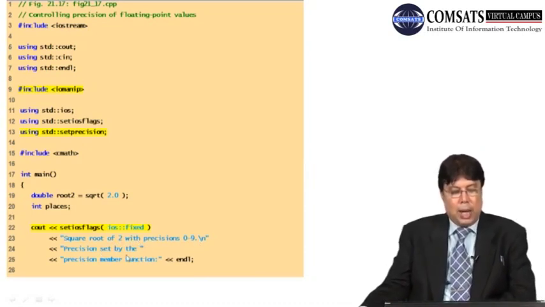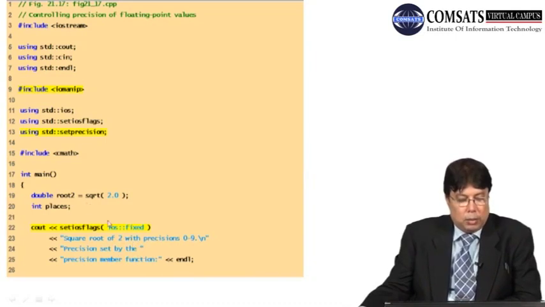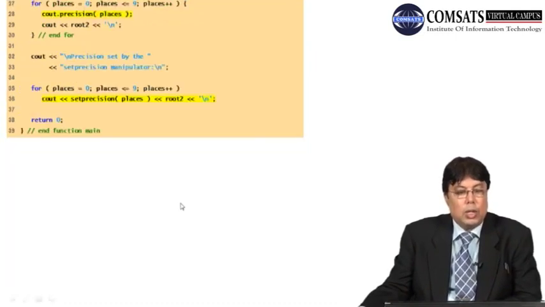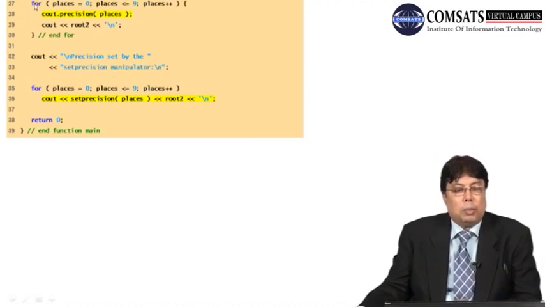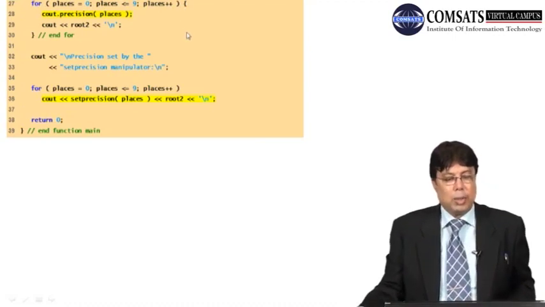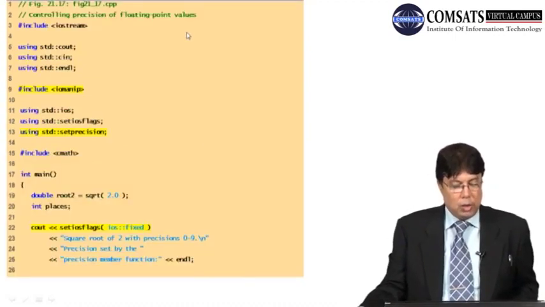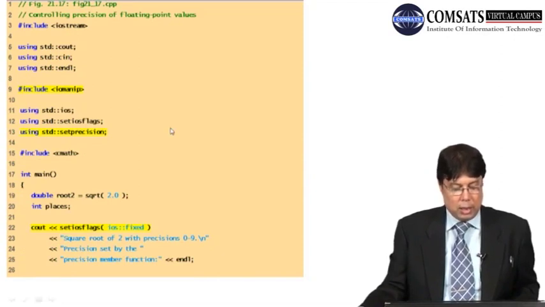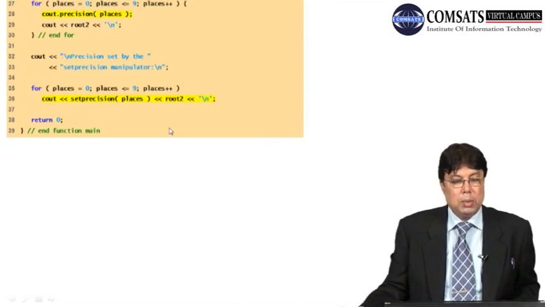Then the precision is set by the precision member function that I will show you later on here. For place equal to 0, place less than or equal to 9, place plus plus. So for example, you have defined that you want to use the places, and how many places?